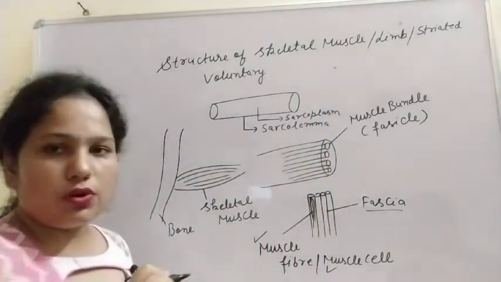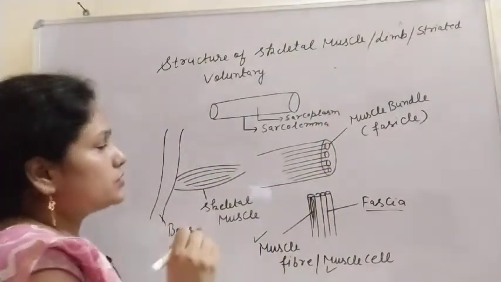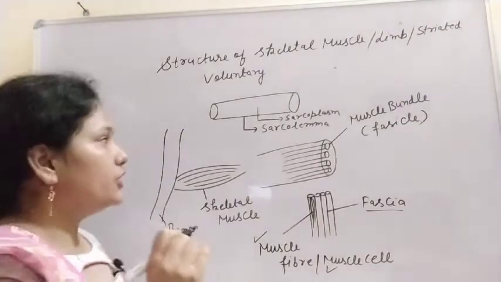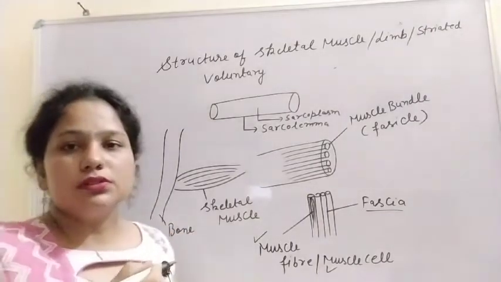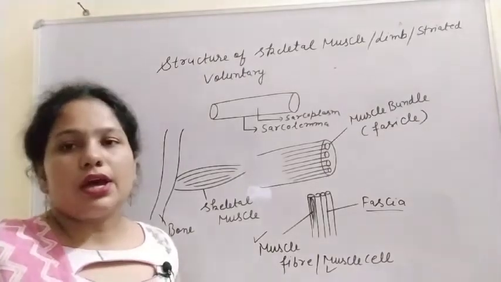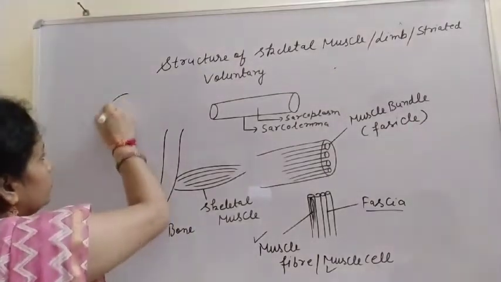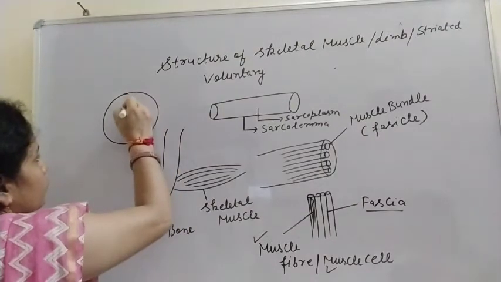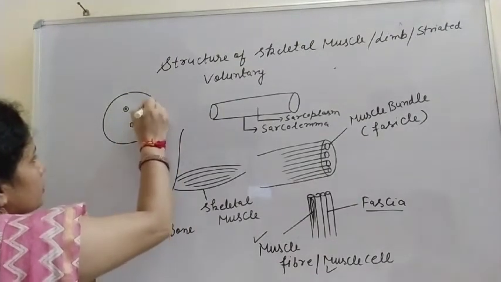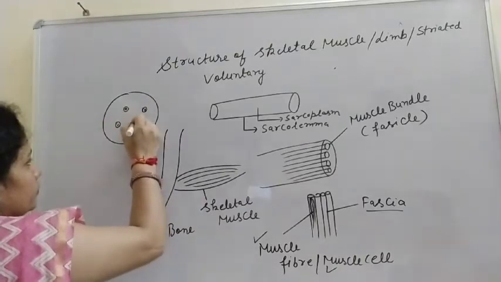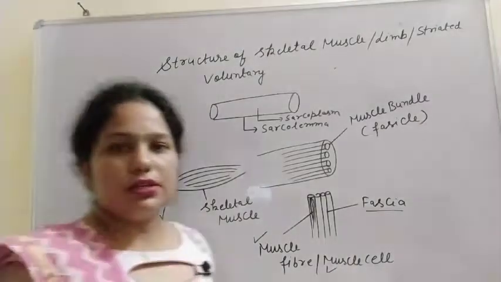I think you understood. And in these muscles, what is the special thing? These are long, cylindrical in shape and in a multinucleated condition. Multinucleated means more than one nucleus in one cell.